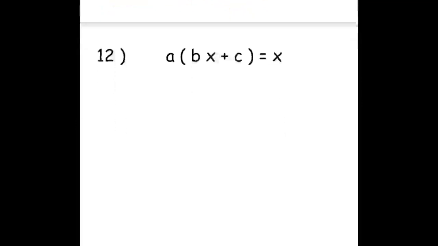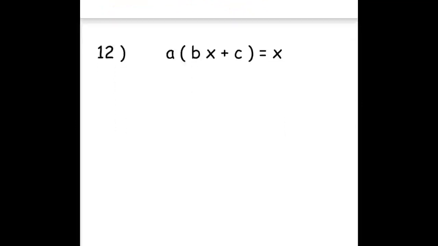Let's see another example. Here, again, we have a parenthesis, so I should finish it first. I will distribute a among the first term and the second term, so it will be abx plus ac equals x.